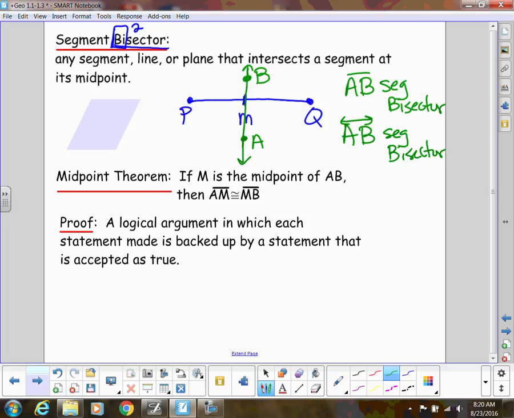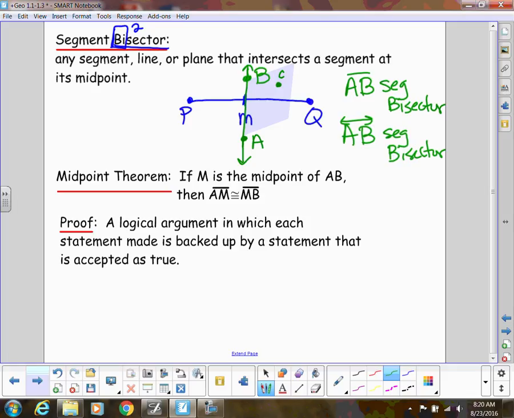Or let's say that line was really this parallelogram, right? And imagine this coming out at you, this parallelogram coming out of the page at you, and it's like this piece of paper coming out. That would be a plane. So in order to label this plane, I would need A and B and then another point.